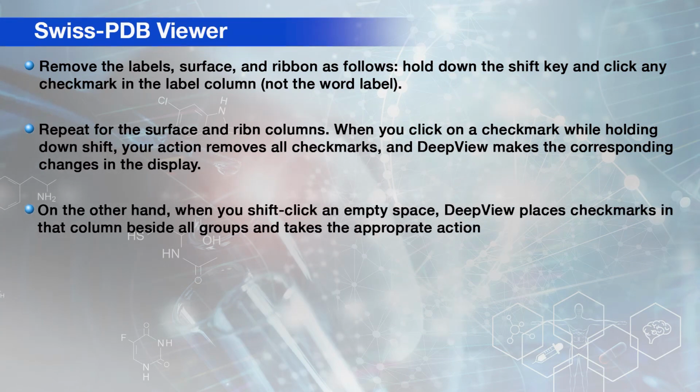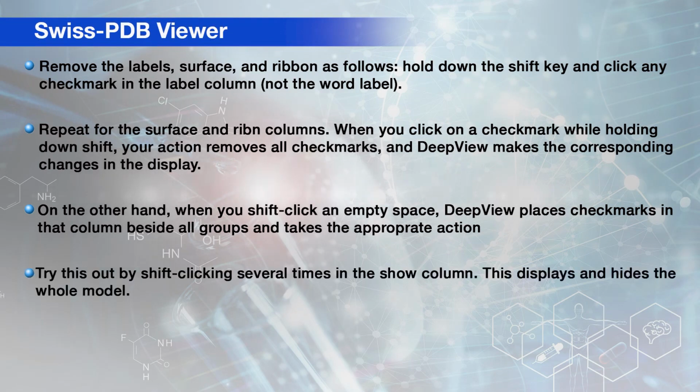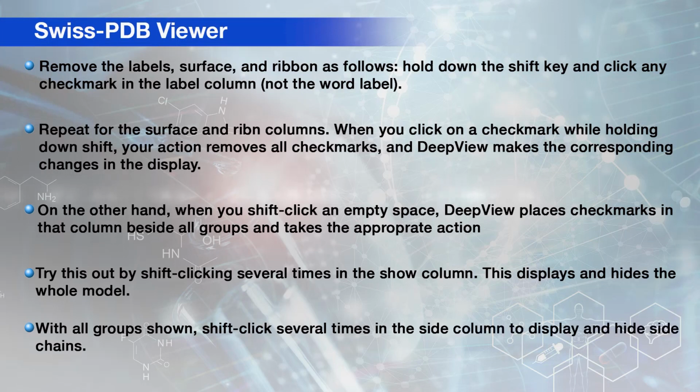On the other hand, when you shift click an empty space, Deep View places check marks in that column beside all groups and takes the appropriate action. Try this out by shift clicking several times in the Show column. This displays and hides the whole model with all groups shown.